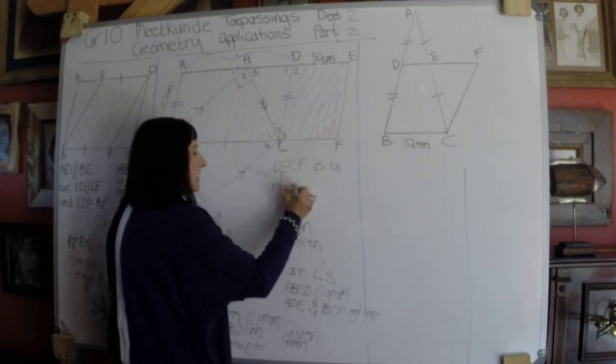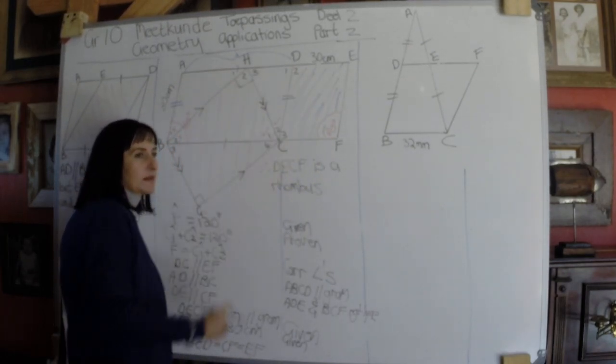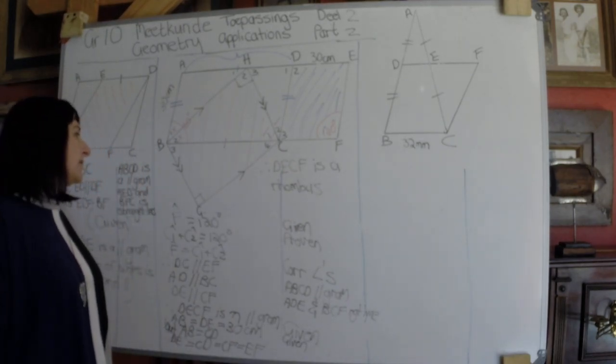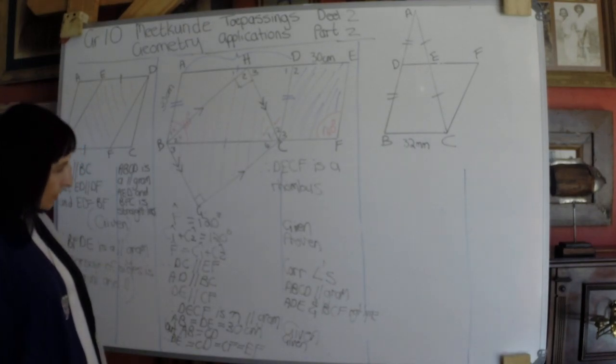Hy's 'n ruit. Want nou het ek bewys, hy is 'n parallelogram en al sy sye is gelyk. In 'n parallelogram wat sy sye almal gelyk is 'n ruit.